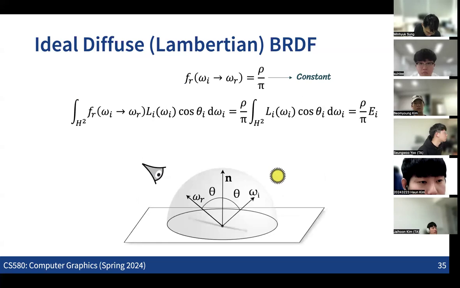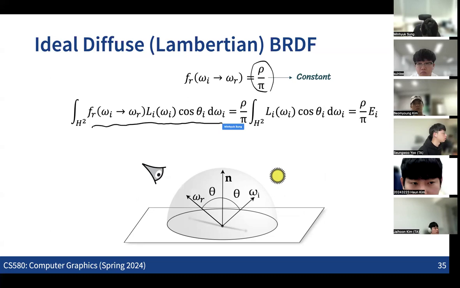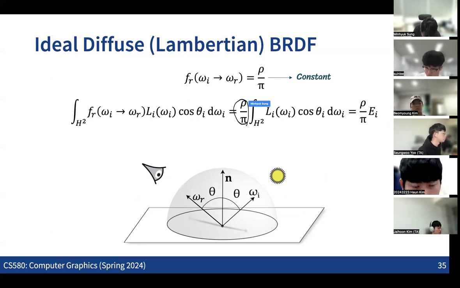For perfect diffuse reflection, the BRDF becomes a constant value. When you define the BRDF as the constant value rho over pi, the reflection equation can be calculated like this. It's basically nothing but multiplying this constant value by the incoming irradiance, right?